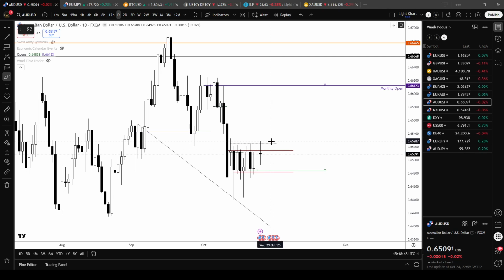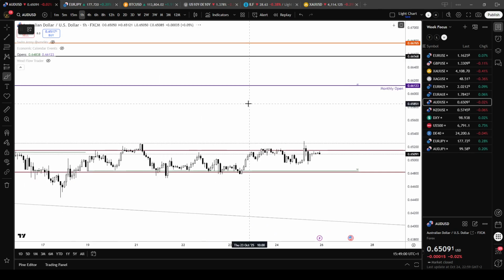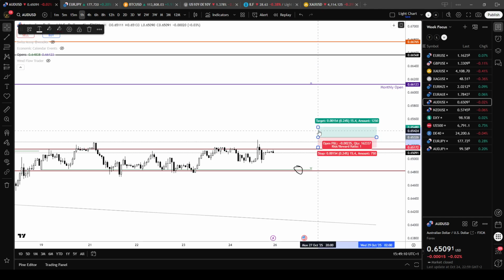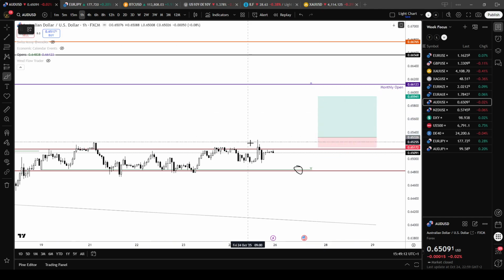And the line in the sand, once it breaks out, okay, once you get a daily close above this high here of the range, you don't want to see price trade into the lower bound of the range. So let's say it closes around here. Okay. It closes around here.